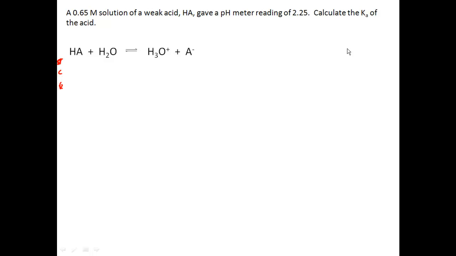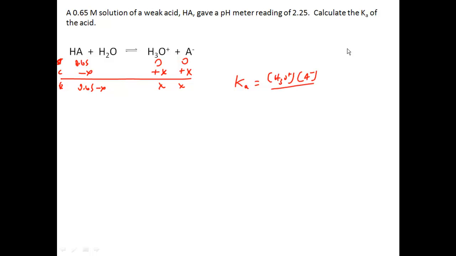Got some initial concentration, 0.65, 0, and 0. We got some change. In equilibrium, basically I got 0.65 minus X, X, and X. We know that Ka is equal to your concentration of your hydronium ion times concentration of A minus divided by your concentration of HA.